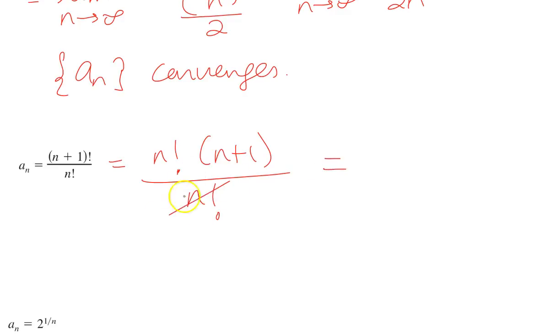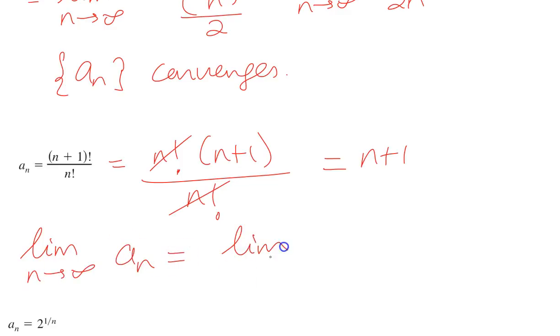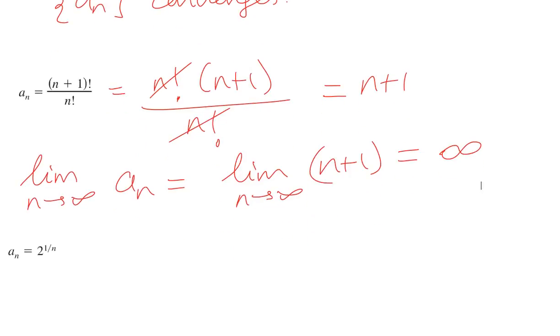So that is simply n plus 1. So you want to find the limit as n goes to infinity of a_n, which is same as limit as n goes to infinity of n plus 1. That limit is infinity. So what do we have? So that means the sequence a_n diverges.